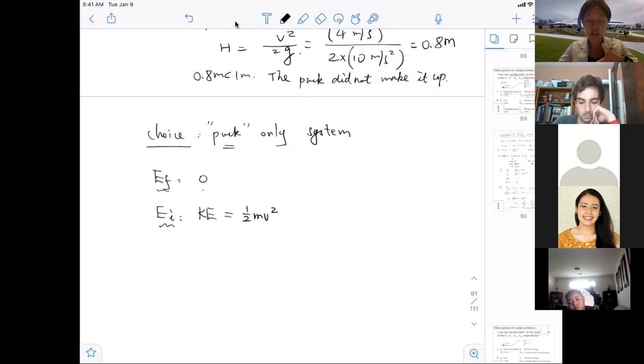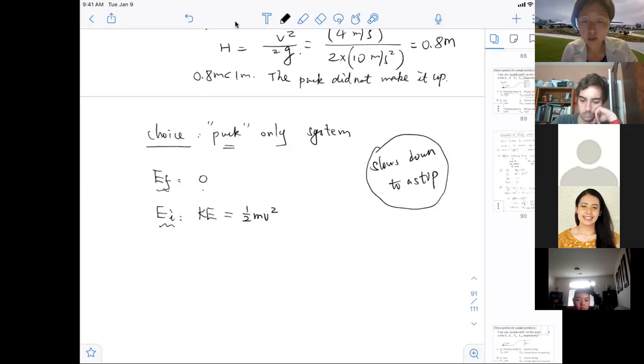So if there's work done, that must be taking that energy out of the system. So that has to be an energy output because the puck is slowing down, eventually to a stop, right? So the work done by gravity is an energy output because it slowed the object down.